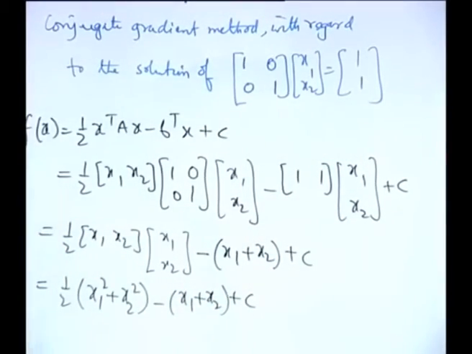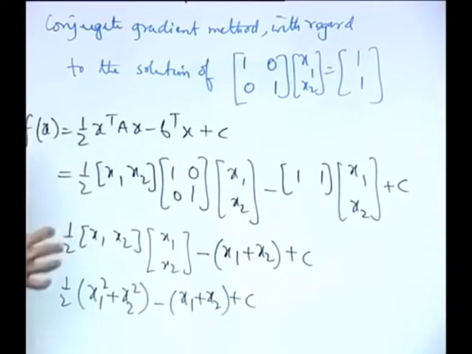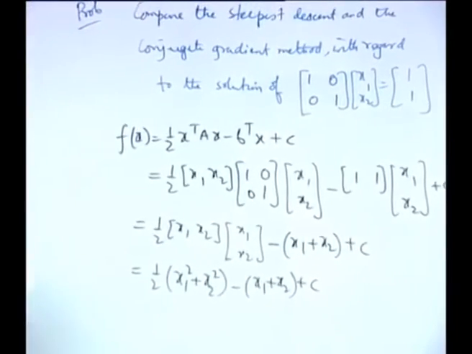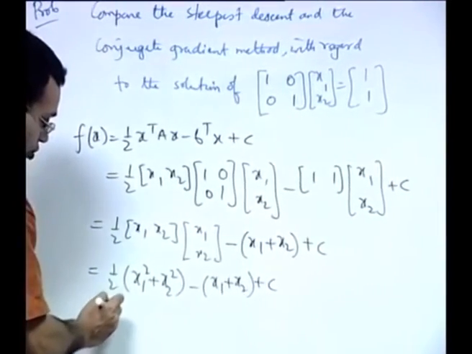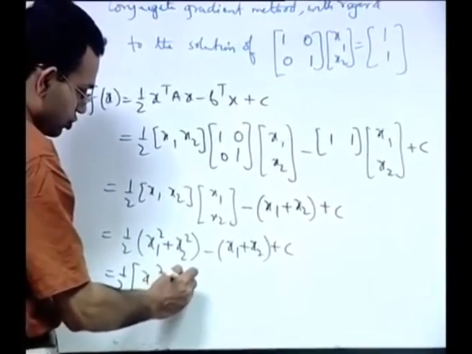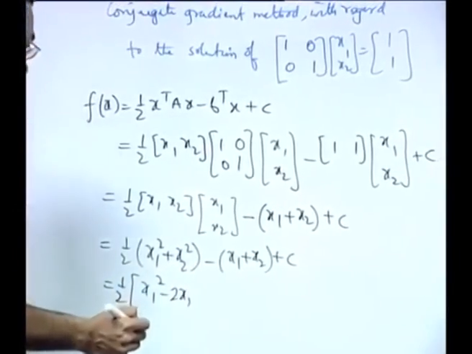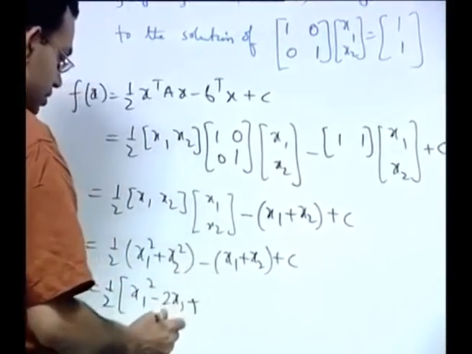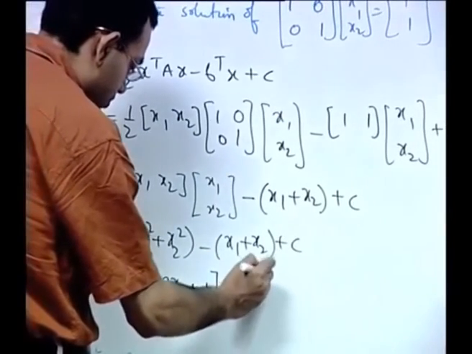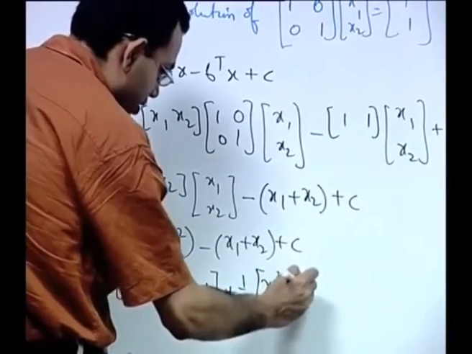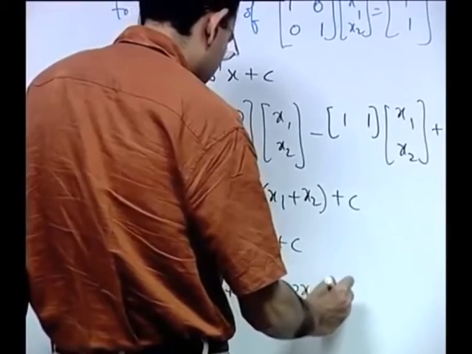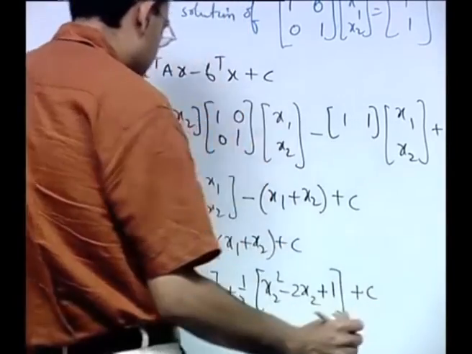To have a visualization of the method, we will try to plot f equal to 0 in the x1 x2 plane, as we have done in one of the previous examples. So to do that, we will write half of x1 square minus 2 into x1 plus 1, plus half of x2 square minus 2 into x2 plus 1, plus c.